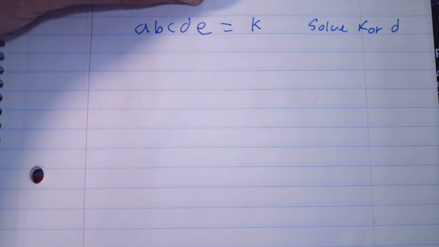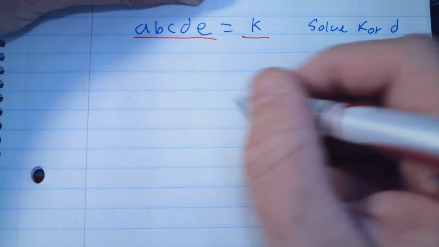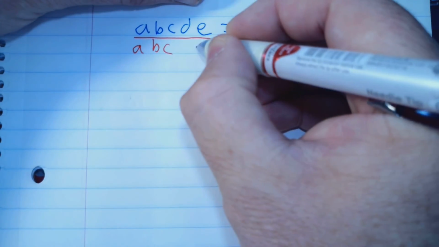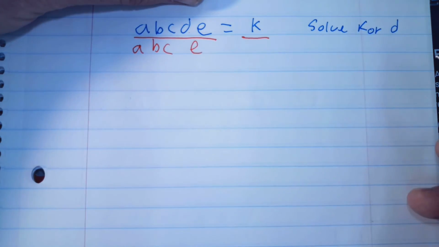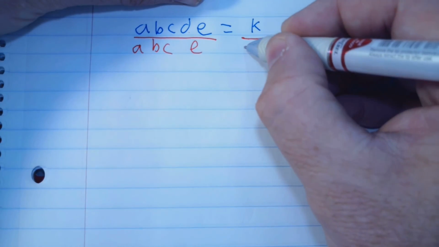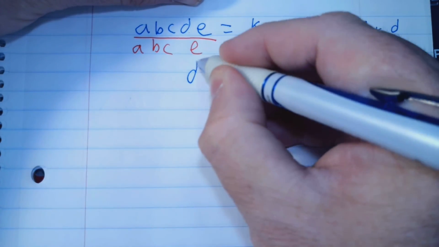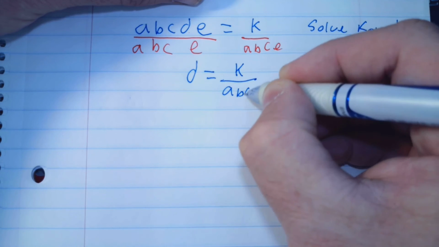No. I need to divide. This means multiply. So I need to divide by everything I don't want. I don't want A. I don't want B. I don't want C. I do want D. And I don't want E. So I have to do that both sides. And I'm done. So the letter D equals K over A, B, C, E.